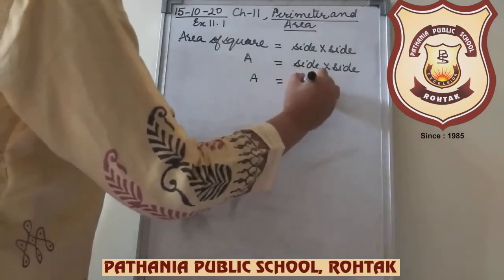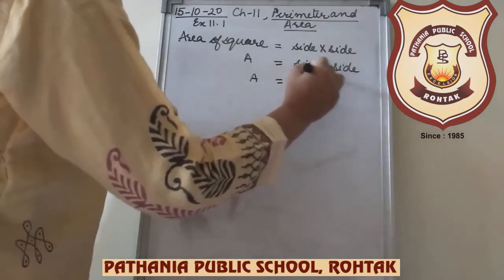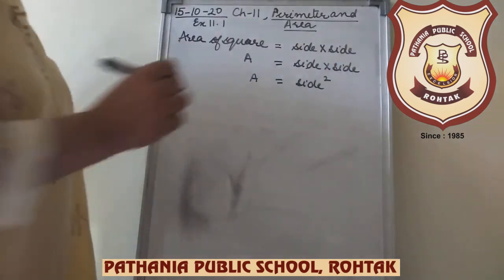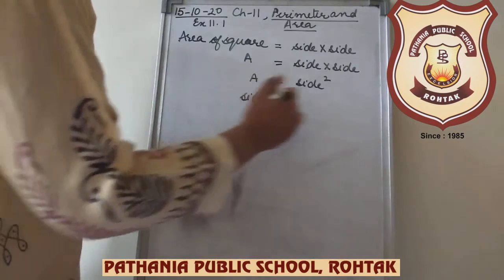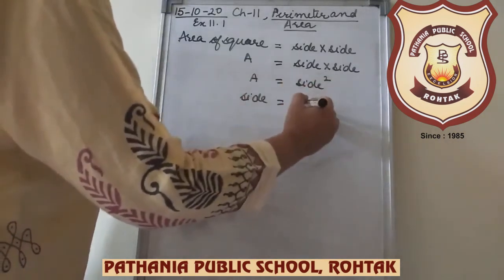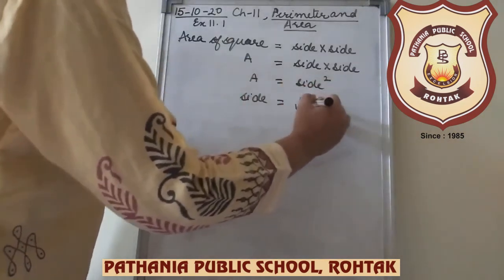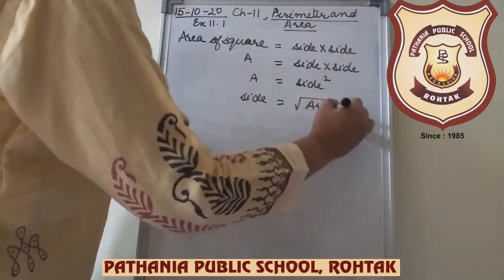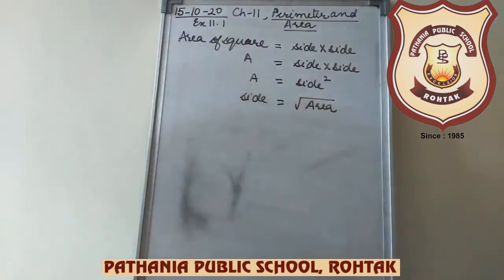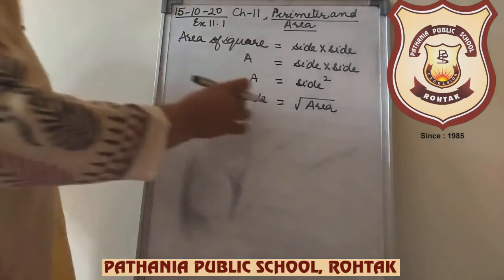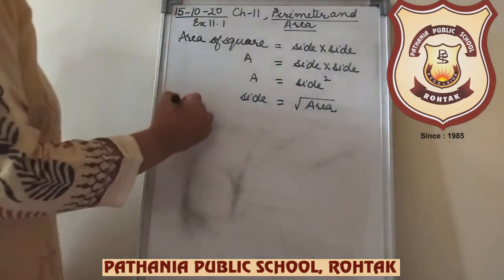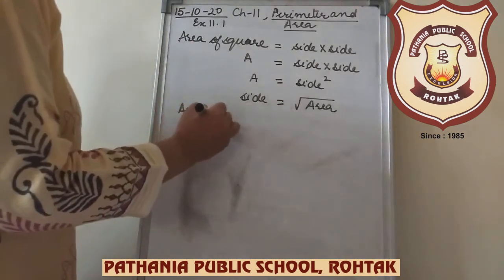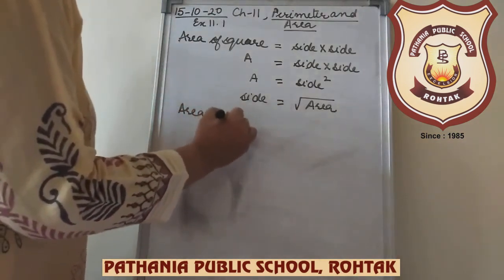Area is equal to side square because both are the same. So then side is equal to, you have to write the prime factors for area, and then from each pair take one out, and that will give you the length of the side.